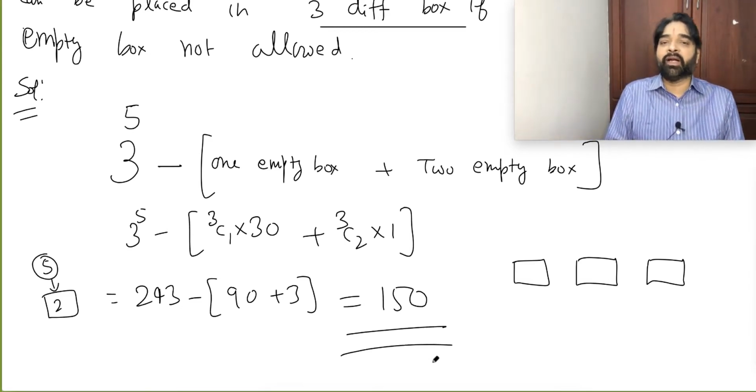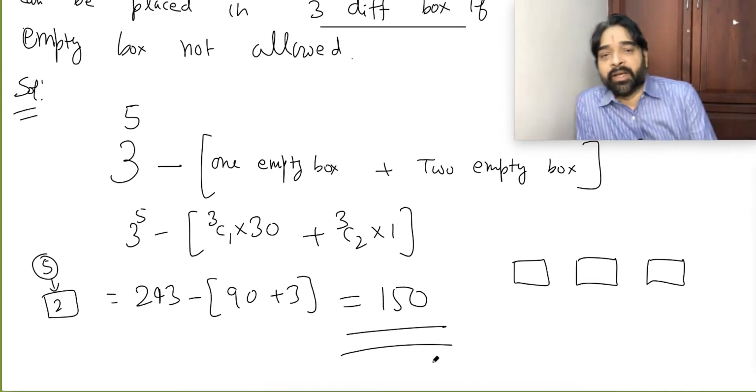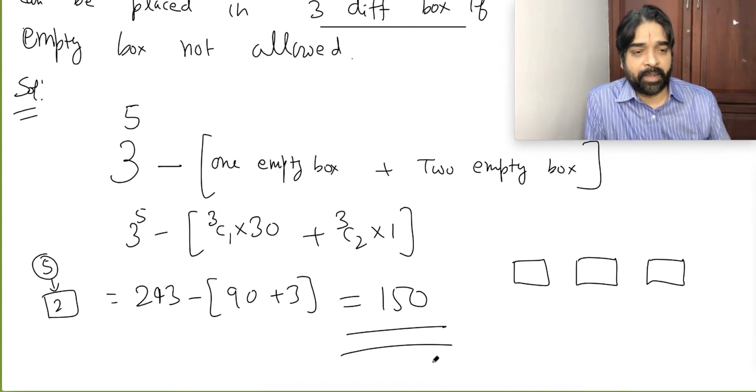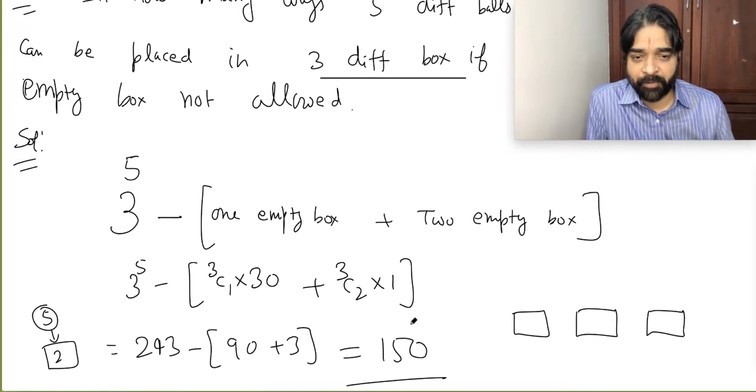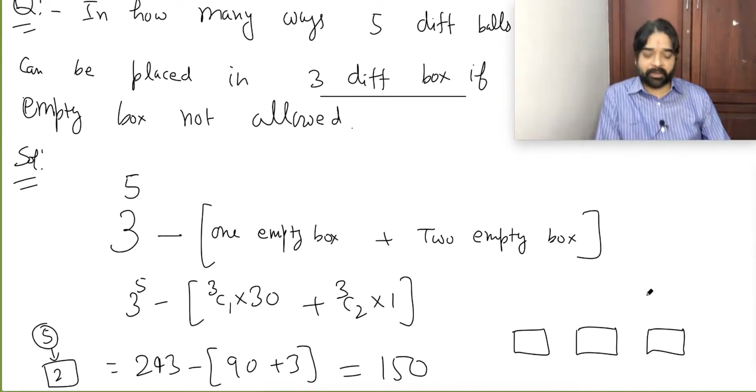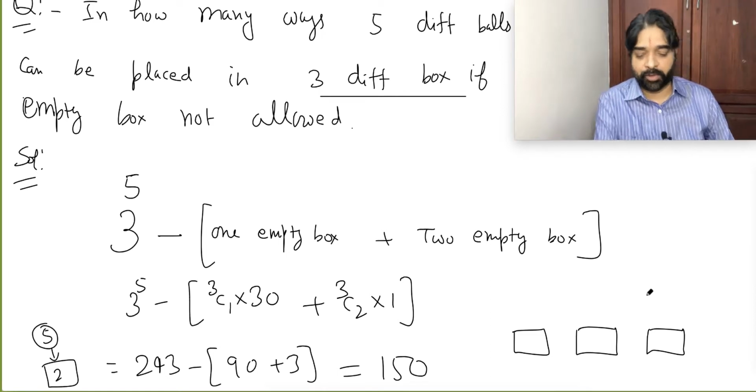Means there are 150 ways in which I can distribute 5 different balls into 3 different groups if empty group is not allowed. Write it down. I know it's painful. That's why I will give you another way. But this is a way to do this question.